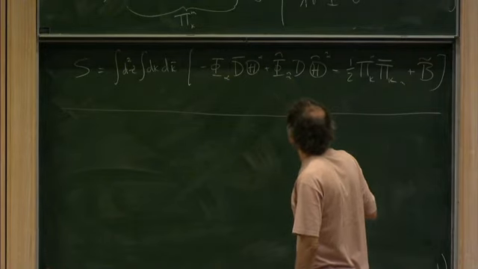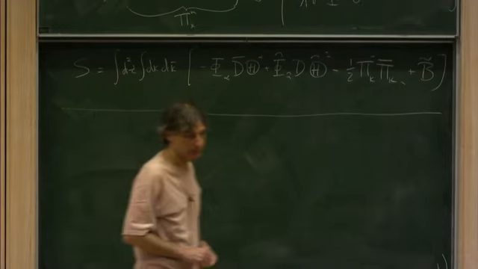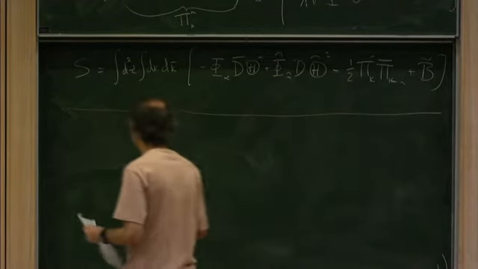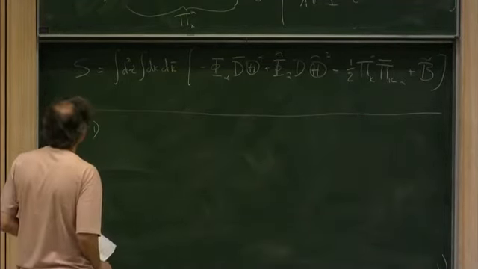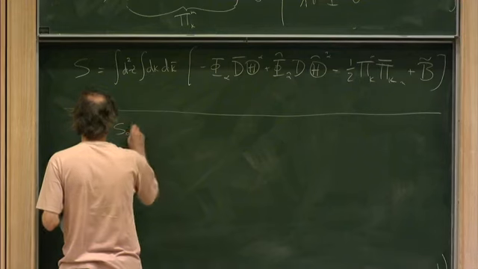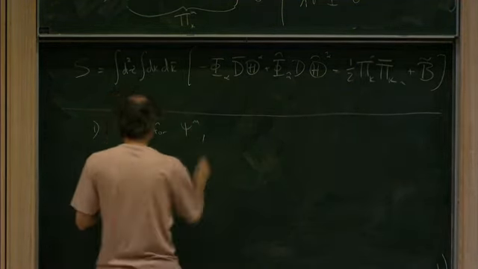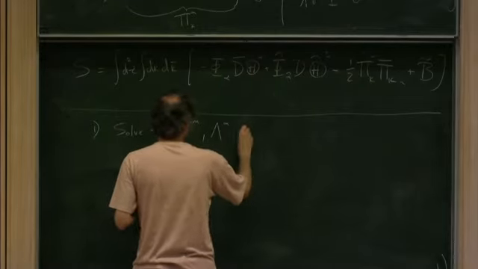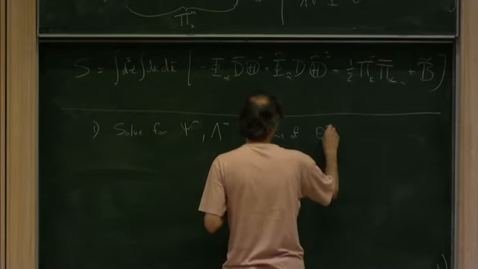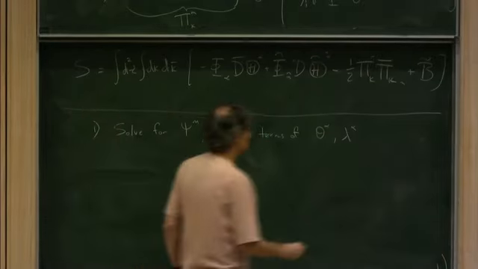Now, one thing you can do with it is look for other solutions of the constraint. So in fact, one way to solve the constraint is to eliminate psi and lambda alpha in terms of theta alpha and small lambda alpha. And then you get to the pure spinor form.